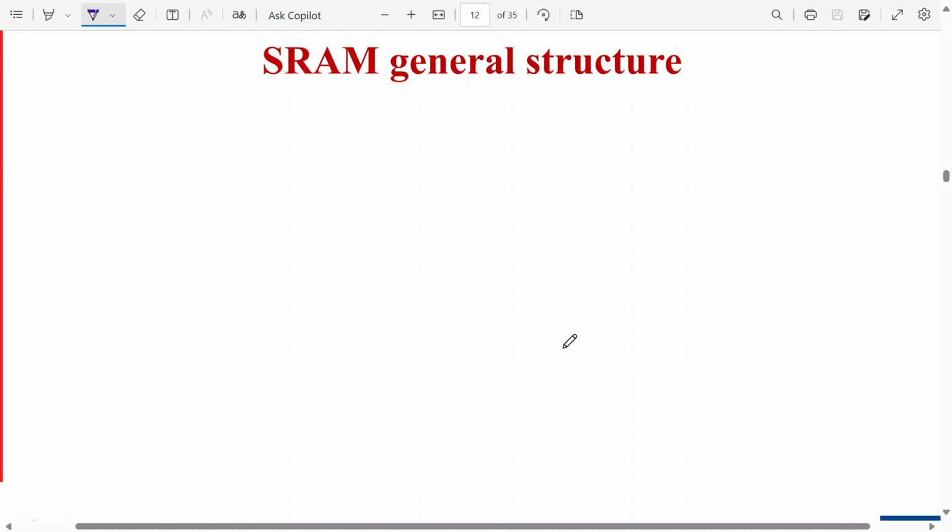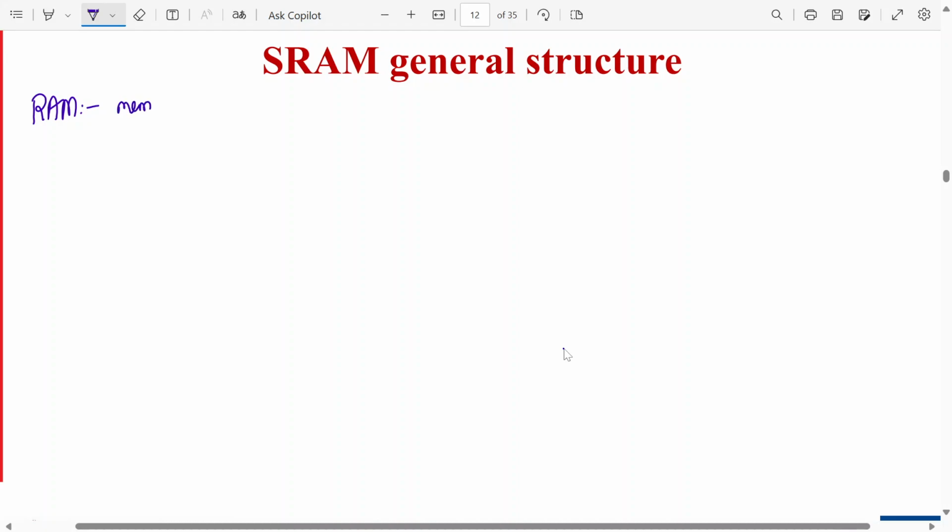So now we'll go for the SRAM general structure. You can write along with me, or you can just watch. All right, so let's start with static RAM. RAM refers to memory with both read and write capabilities.